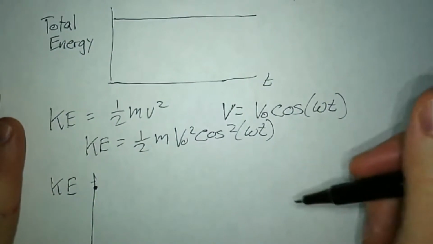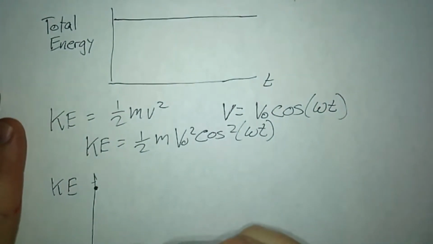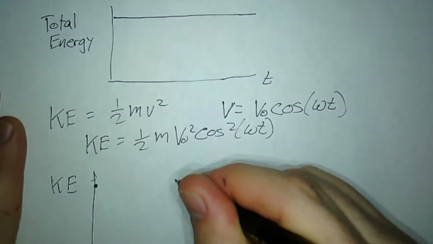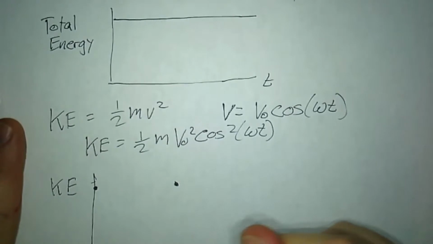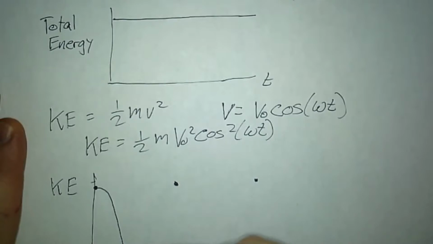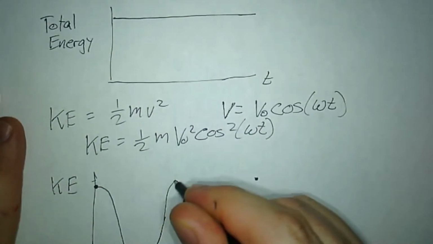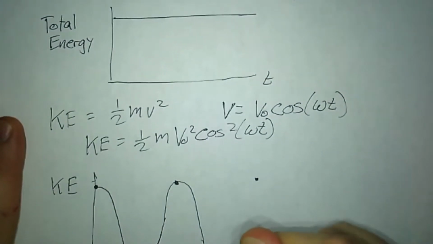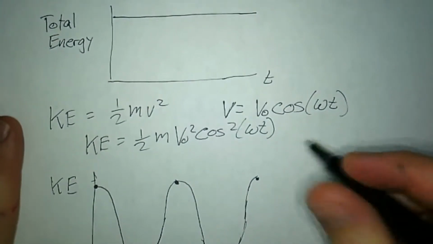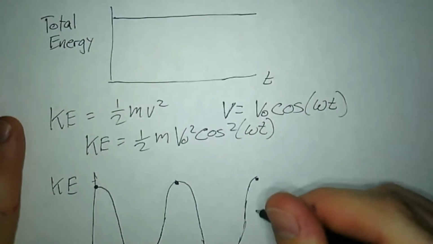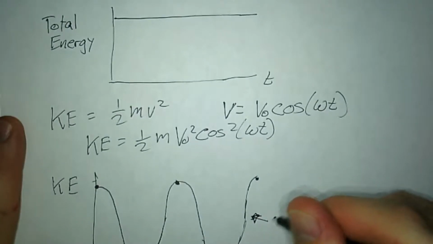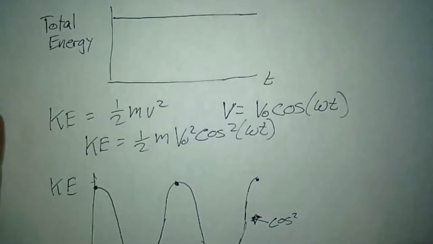Because cosine of 0 is 1, so it should go to 0, and go here, and should oscillate like such. Once again, drawn poorly, but so is everything else. It's fine. So this should look like cosine squared.